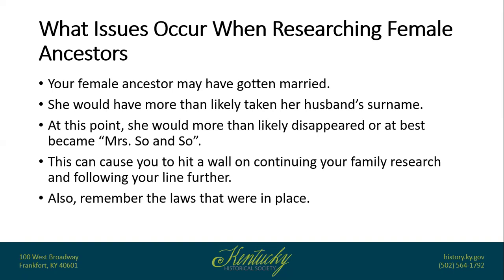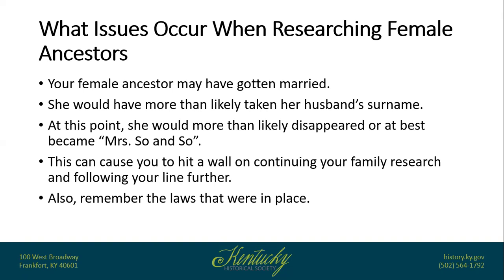Some of them would be that your female ancestor may have gotten married, and more than likely she took her husband's surname. Unfortunately, a lot of times they will disappear or become Mrs. So-and-so. I once looked at a death record that listed her as Mrs. John Jacobs or something like that, which didn't tell me anything at all about who she actually was.